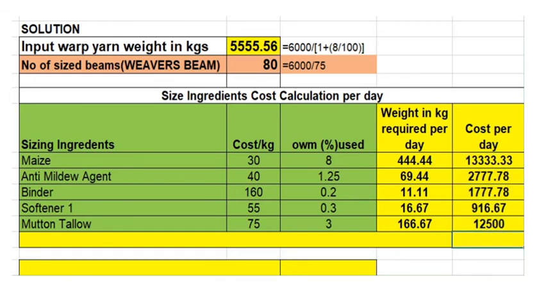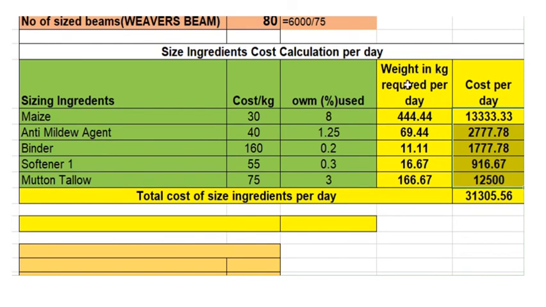The total cost of the various size ingredients per day is 31,305, which is the sum of these values. So with this, the size ingredients cost calculation is over. Next are the other materials.